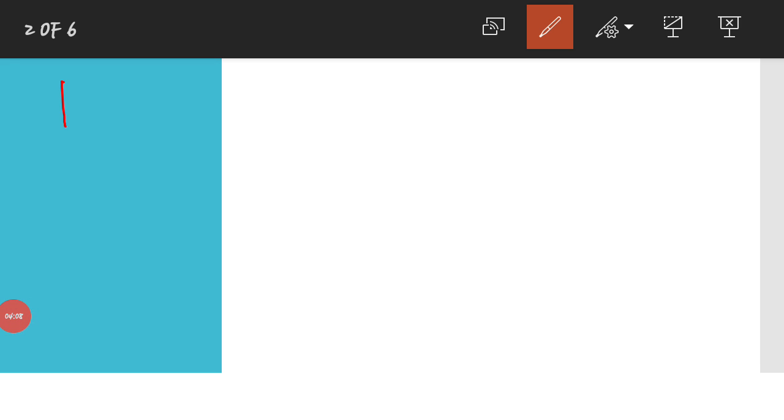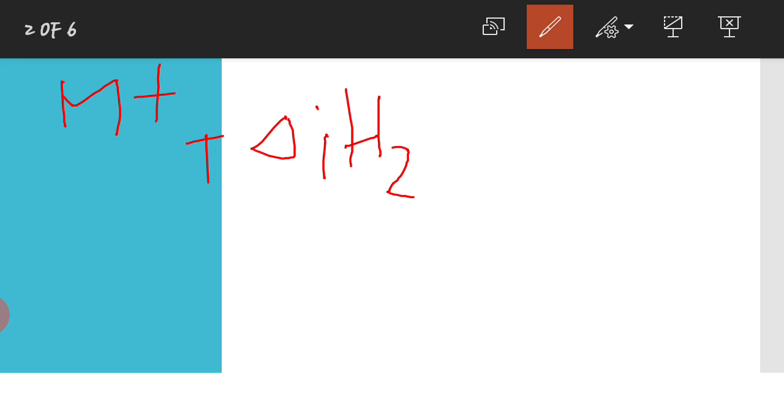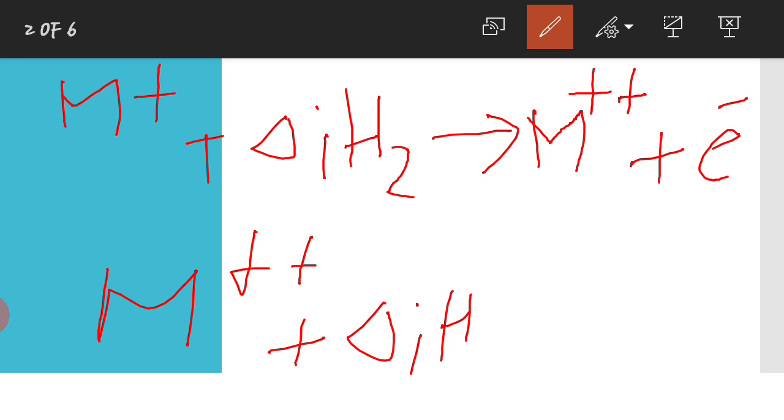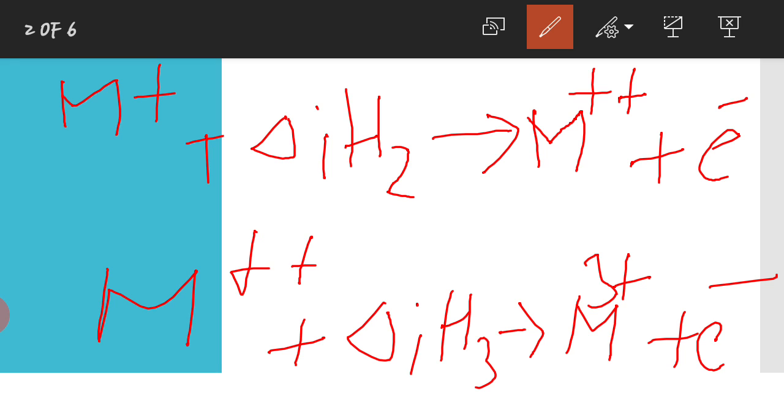Here M plus plus delta I H2 gives M doubly positively charged plus electron, M positively charged plus delta I H3 gives M 3 plus plus electron.